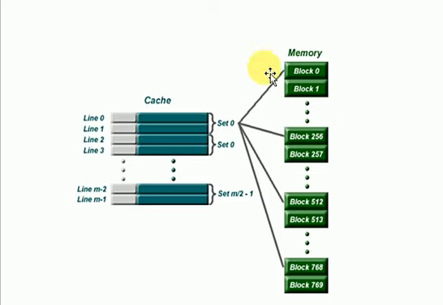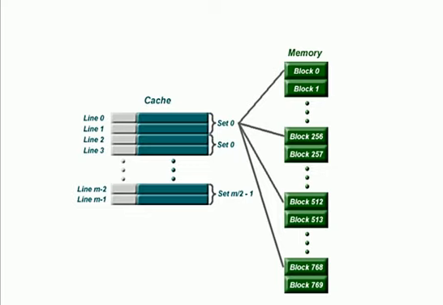In fully associative mapping, the freedom is given such that the block could be placed in any of the lines. Here, the block could be placed in any of the lines within that particular set. So it follows some portion of fully associative mapping. When it comes to direct mapping, the blocks can be placed only in particular sets. So here it follows direct mapping.